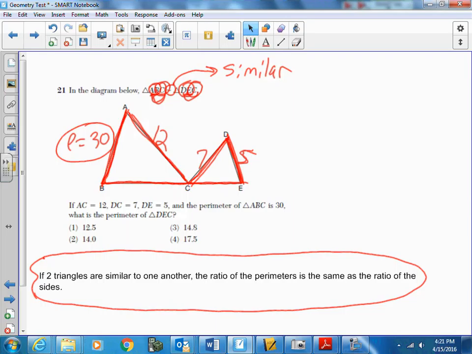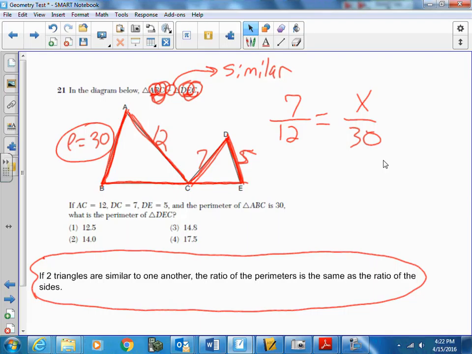So you can set it up like this. 7 over 12 is equal to x over 30.